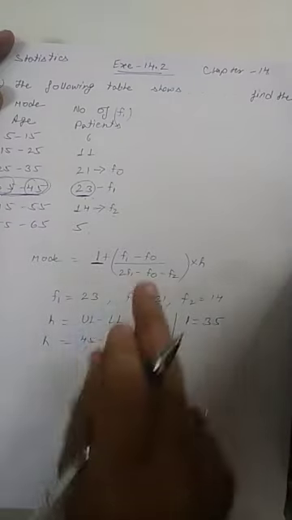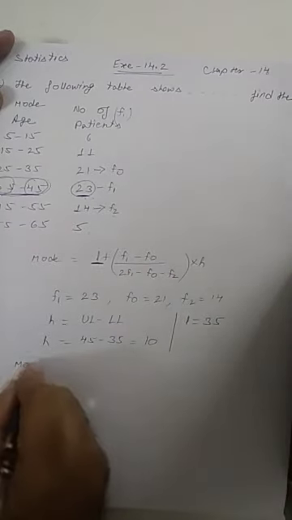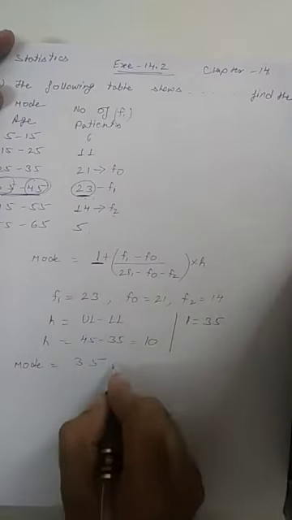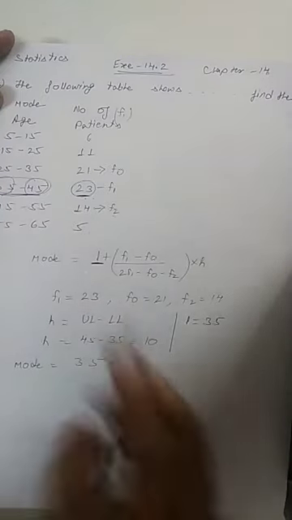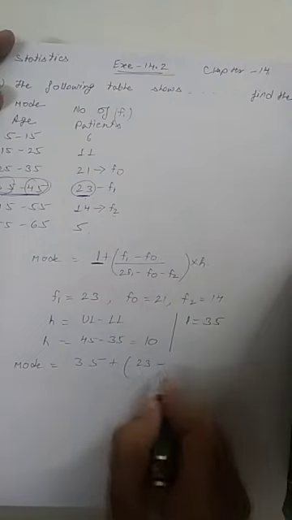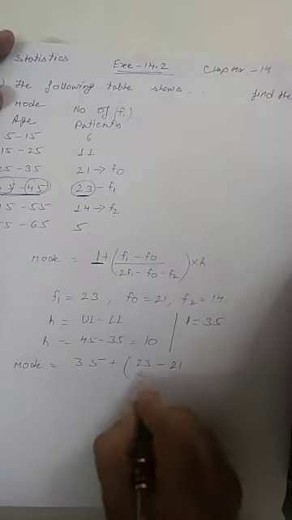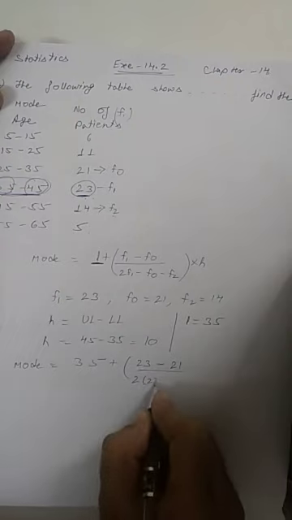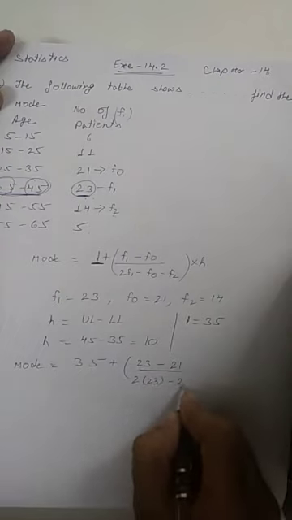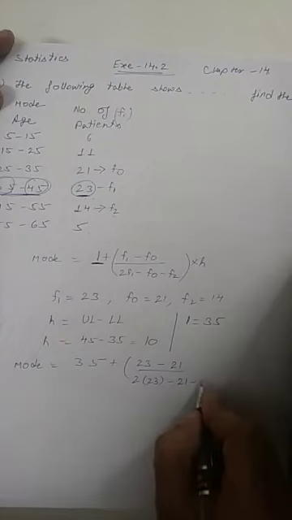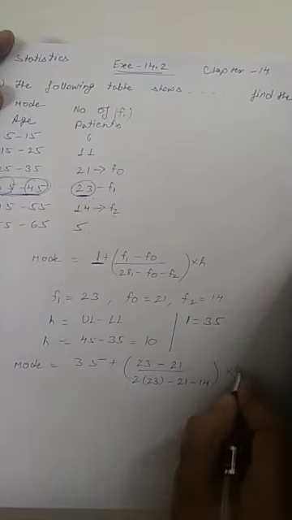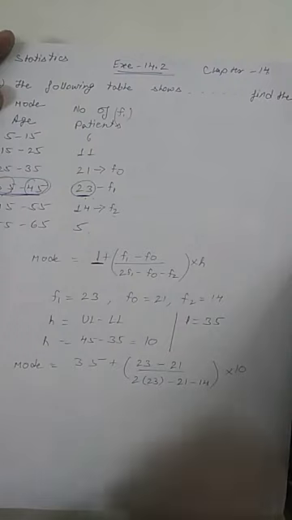Now put all these values in the formula. Mode is equal to L, that is 35, plus (F1, that is 23, minus F0, that is 21) upon (2 into F1, which is 23, minus F0, that is 21, minus F2, that is 14), into H, and H is 10.